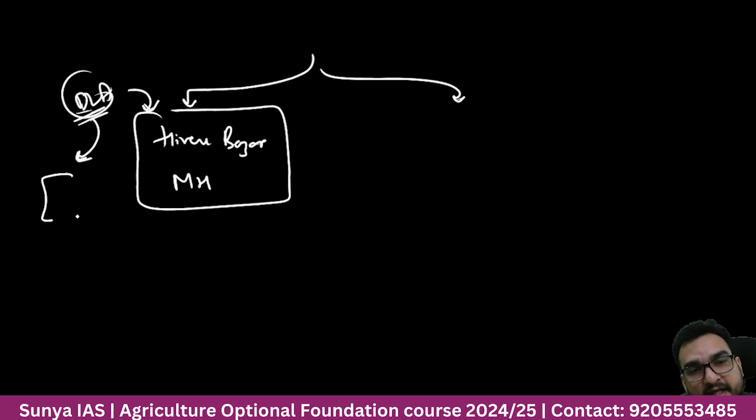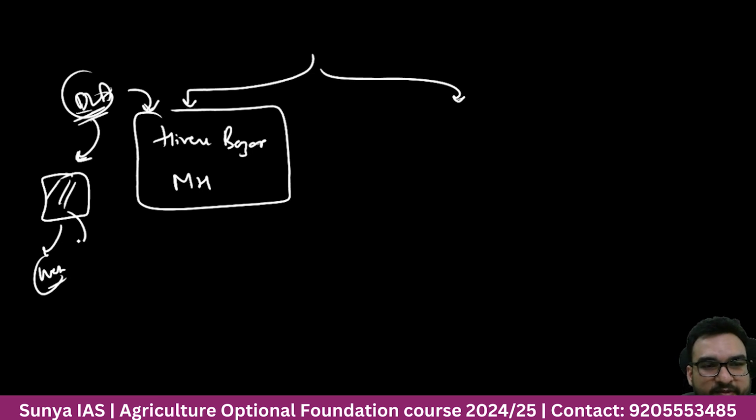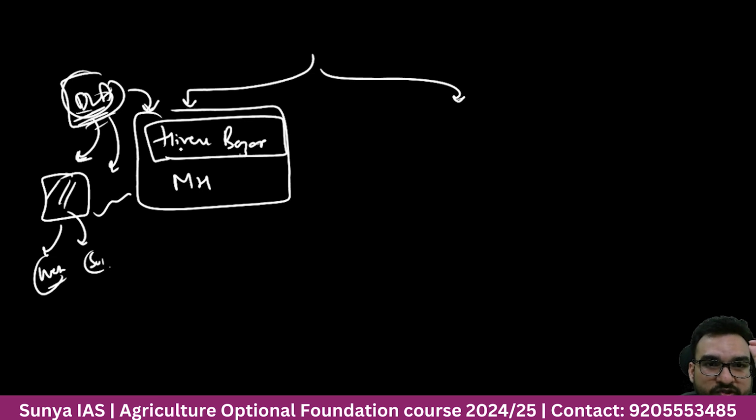It is a low rainfall or drought prone area. Through the watershed management approach, through the soil and water conservation approach, some people have turned this dryland agriculture into a very profitable business. Hivre Bazaar. Try to search it out. It will be your case study, guys.